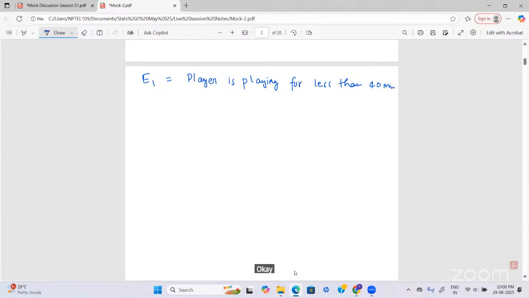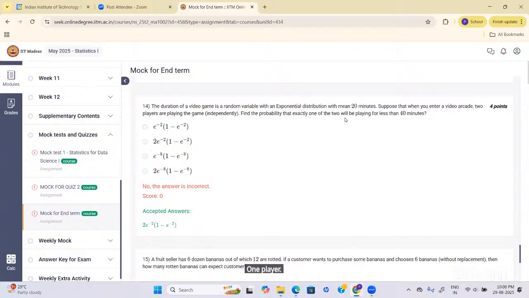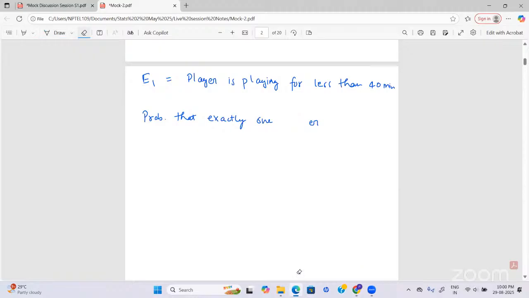So what we have to calculate, the required probability, is the probability that exactly one of the two players will be playing for less than 40 minutes. So this is something we have to calculate.